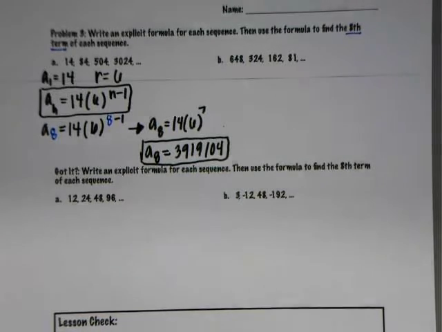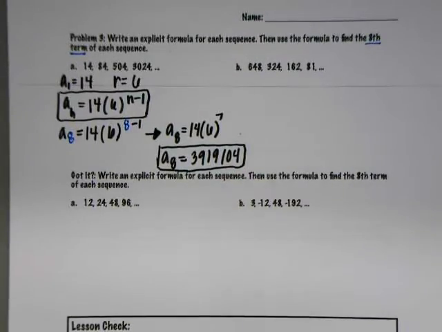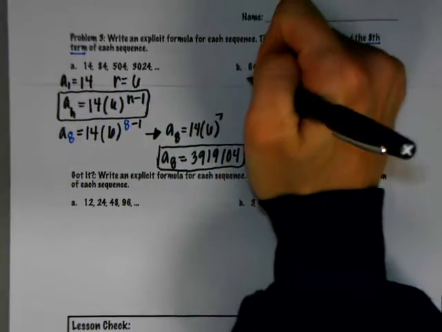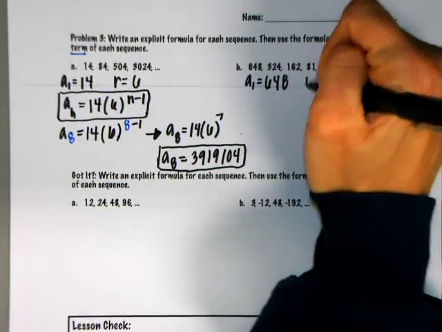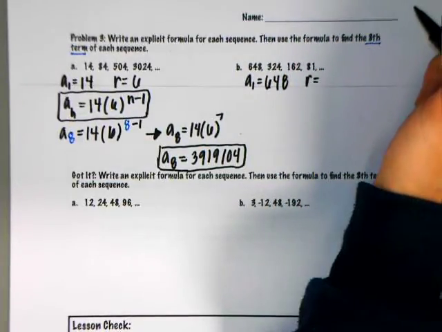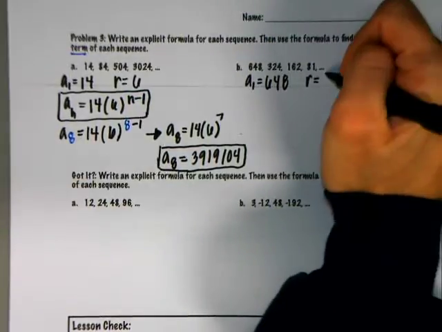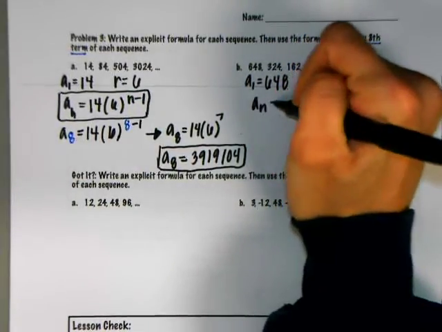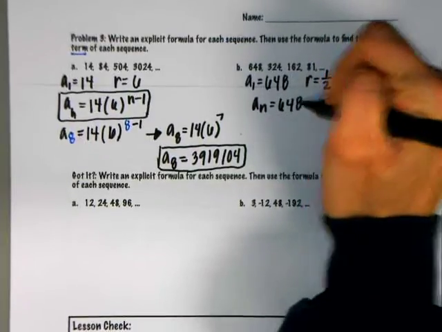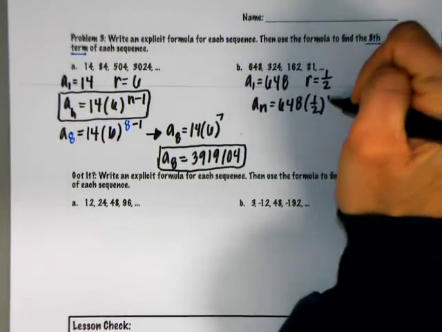You don't know what the next one's going to be. The next one could be 52. All right, next one. What is my first term? 648. And what's my common ratio? 1/2, yeah. So you're going to get a sub n equals 648 times 1/2 to the n minus 1 power.